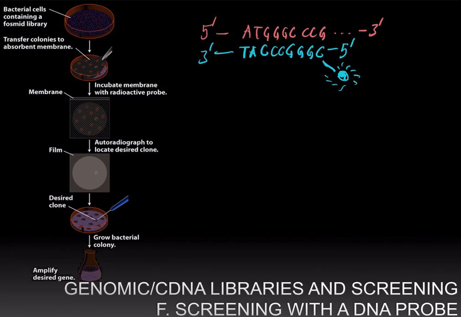And then you take this nitrocellulose membrane and you wash it in water in order to wash away any probe that's not bound. So that will only leave probe that is sticking tightly through hydrogen bonding to the DNA of our gene, and therefore only those colonies will contain the probe that contain the gene that we are interested in.